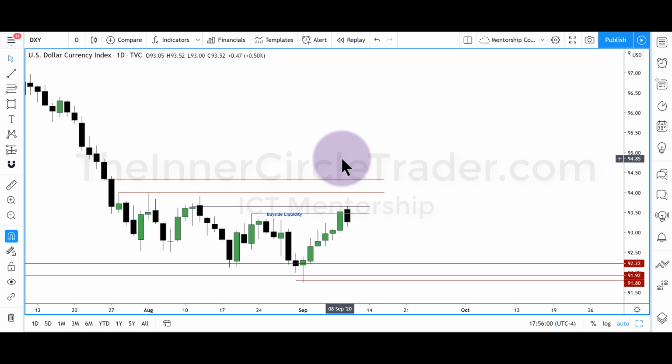Now what changes that is if we trade below, on a closing basis, below this candle's low. If we close below 93 big figure, then I'm going to look at this as a continuation of the consolidation sideways with a modest bearishness. We might resume going lower at that time, but I'm not looking at that at the moment.